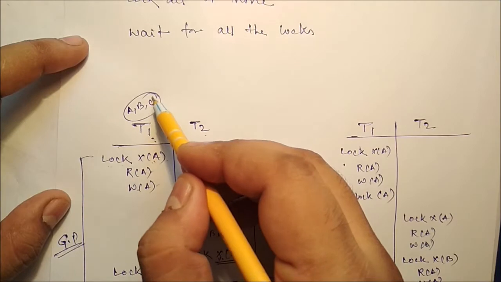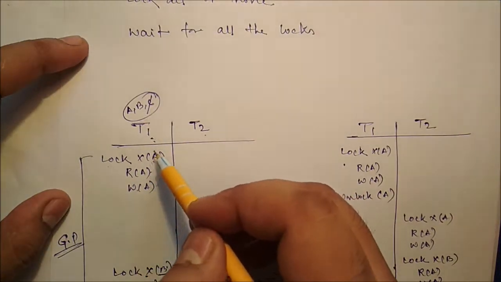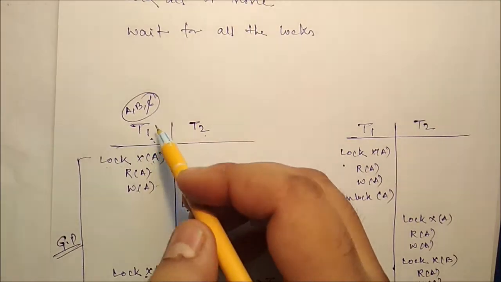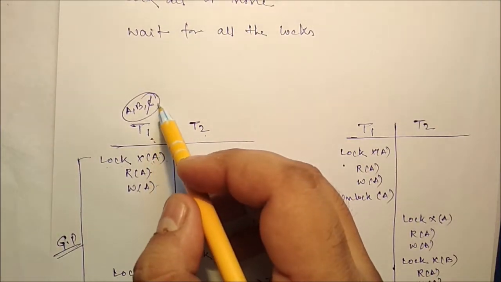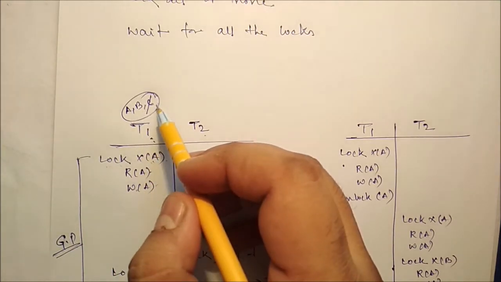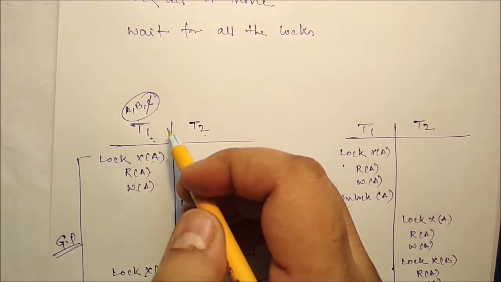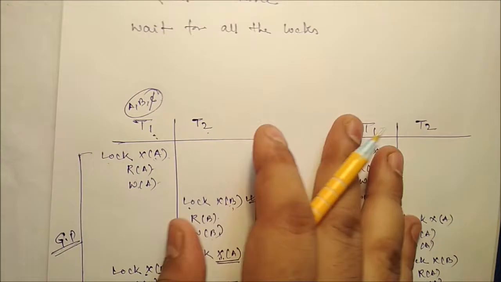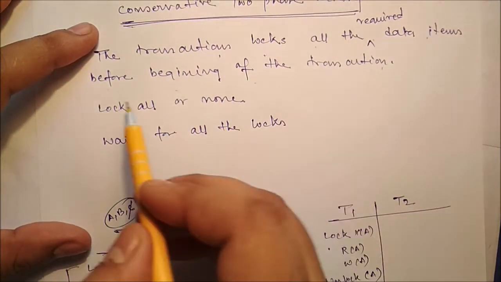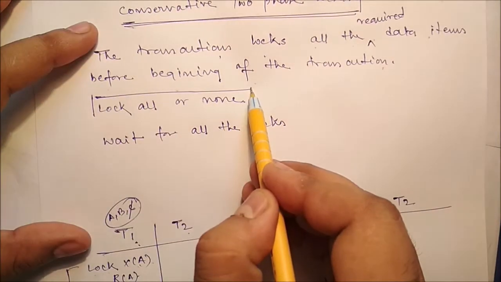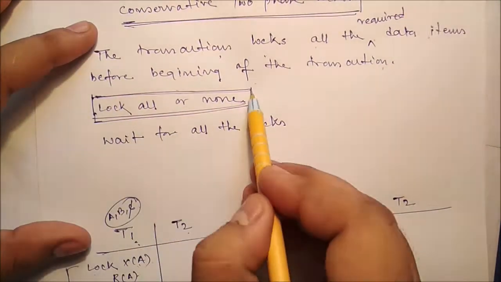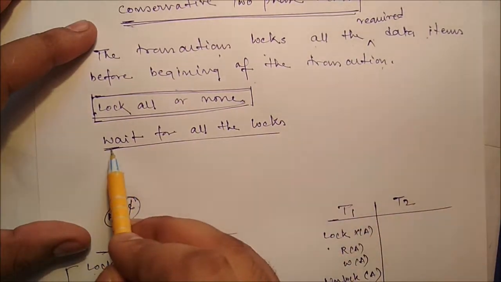Now suppose C is not available because another transaction is using the C variable. So T1 should wait for C. T1 must wait for all of A, B, C, and only then can it start its transaction. So the basic concept is: lock all the data items or none. The transaction waits for all the locks.